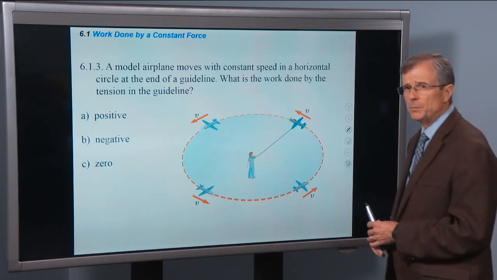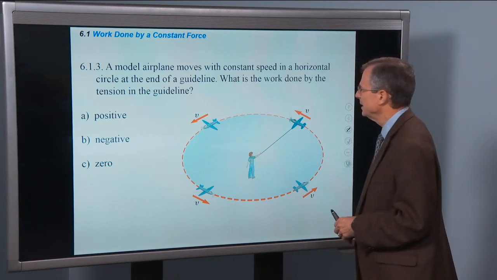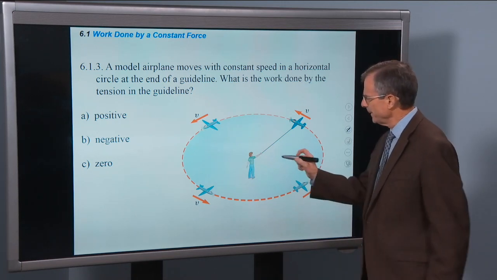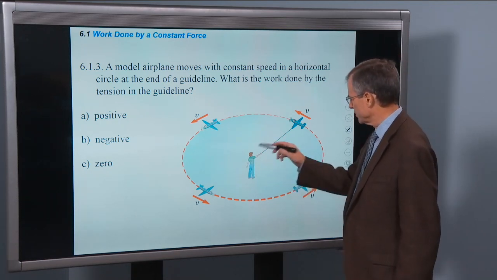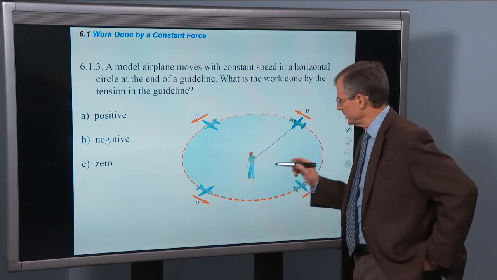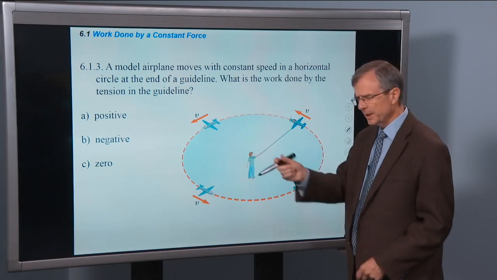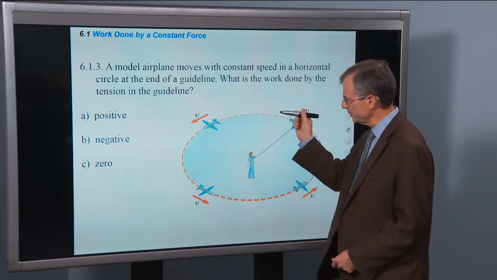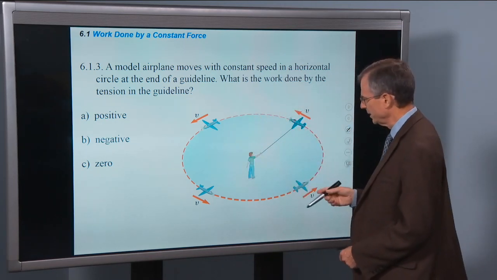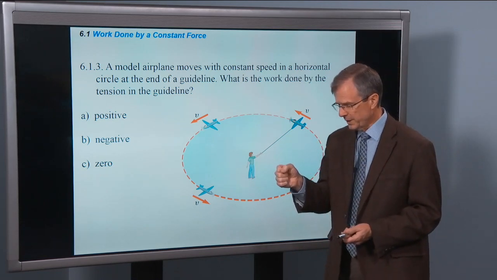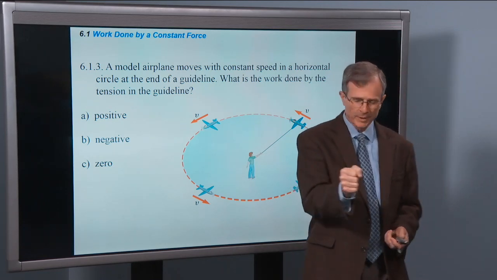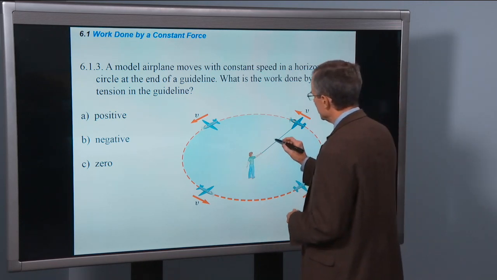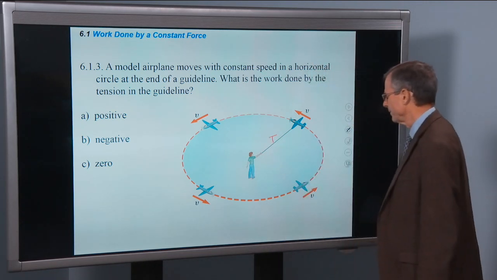Model airplane moves with constant speed in a horizontal circle at the end of a guideline. So this man at the center of the circle is not yanking on that cord to get the plane to go around. It has its own motor, and that's pushing it through the air to make it go around. This man or boy or whatever is just holding that, not exerting any force except for the tension in this wire.